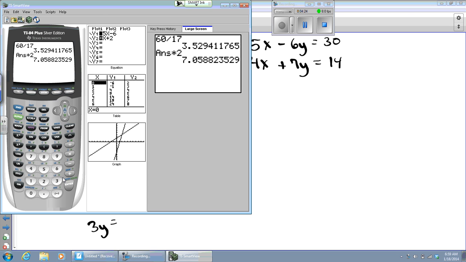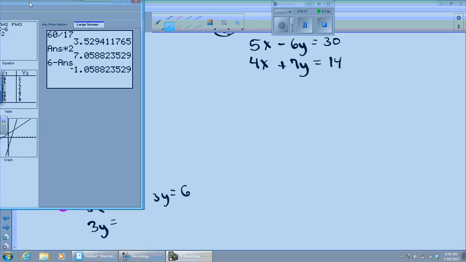Now, I've got to take that away from 6. So I'm going to go 6 minus, I'm going to hit my second key, and then down here is an ANS, which stands for answer. This means 6 minus 7.0588823.529.